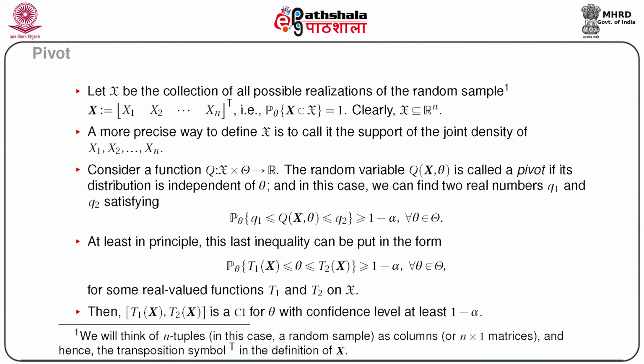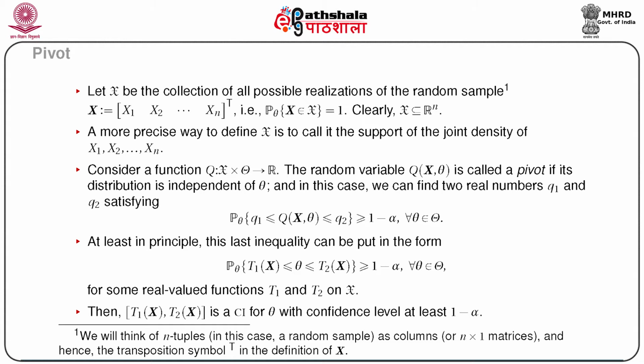Now we discuss a method of determining a confidence interval by using a pivotal quantity. First, we discuss what is called a pivot. Let x1, x2, up to xn be a random sample from a population with PMF or PDF f_theta(x). Here, the whole sample is represented by a vector x.